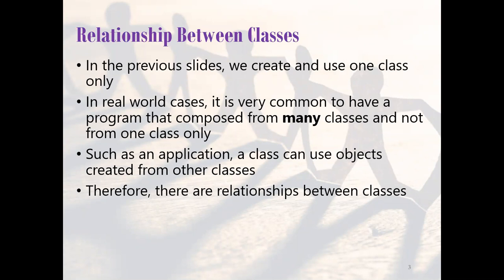For example, a student object can relate to a courses object. So a student enrolls in courses, or courses have students, and so on. So in reality, classes relate to each other, and therefore, in our application, we need to be able to relate a class with another class.